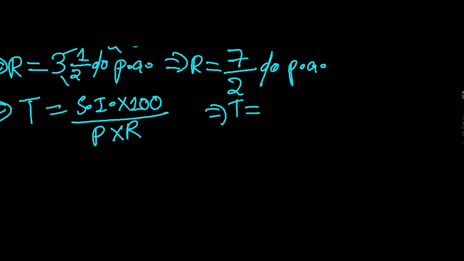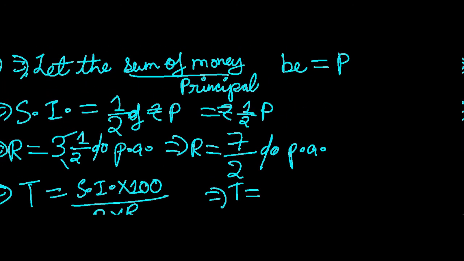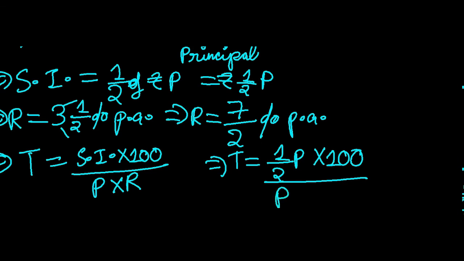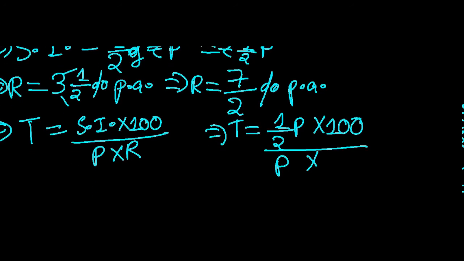T is equal to SI, and SI is 1/2 P here into 100 by P into R. P is the principal, so we will write P just like that, P into R. Friends, R is 7/2% per annum, so we will write 7/2.